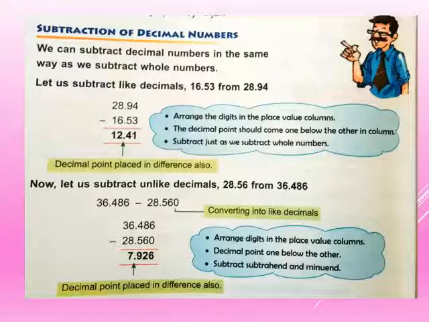Now arrange the digits in the place value columns so that the decimal points are one below the other, and then subtract, subtrahend and minuend. So 36.486 minus 28.560 gives you 7.926, and also you have to put the decimal point in the difference.